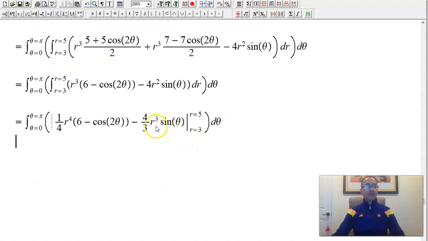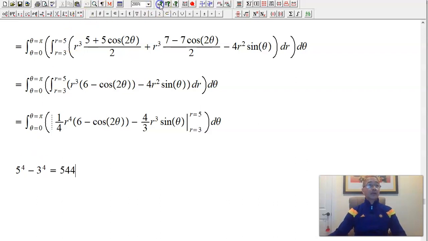I stopped the video because I needed to grab my eval bar from my tool belt. So we plug in r equals 3 at the bottom, r equals 5 at the top, into r to the 4th and into r cubed. Let's do the arithmetic out here. We need 5 to the 4th power minus 3 to the 4th power.